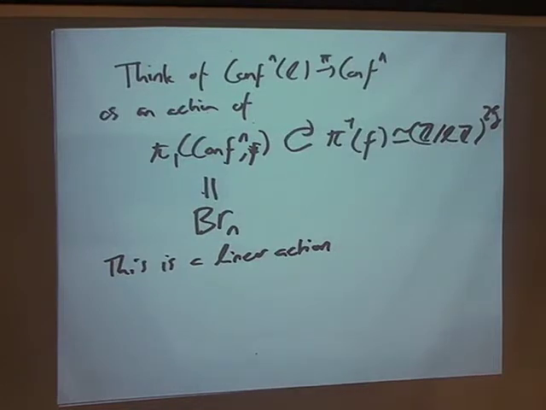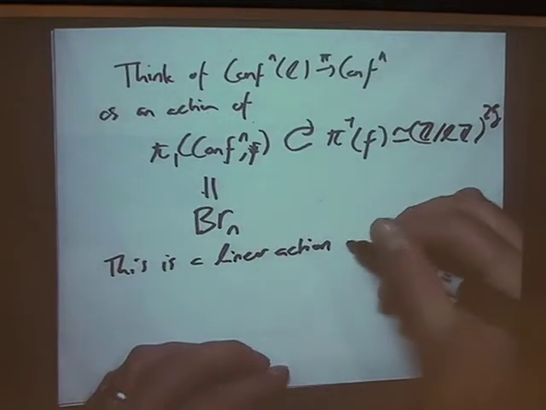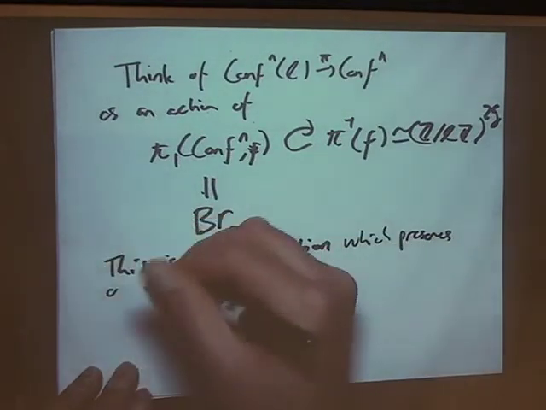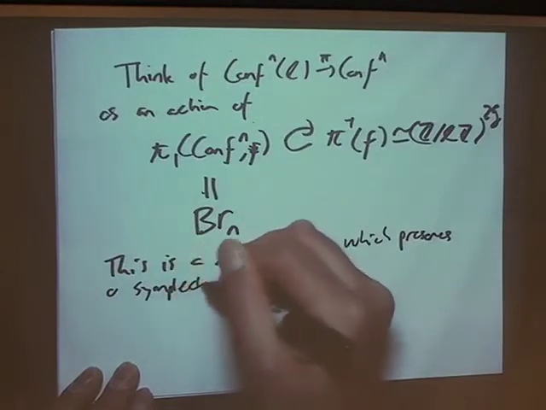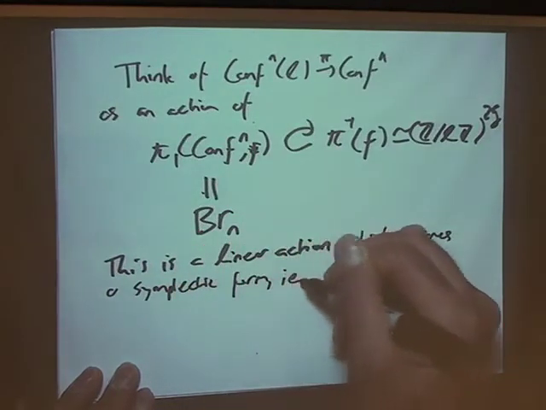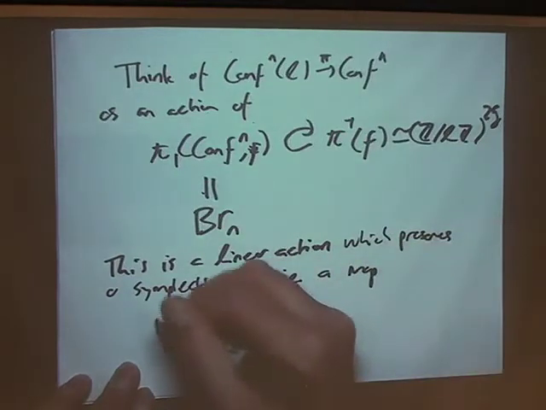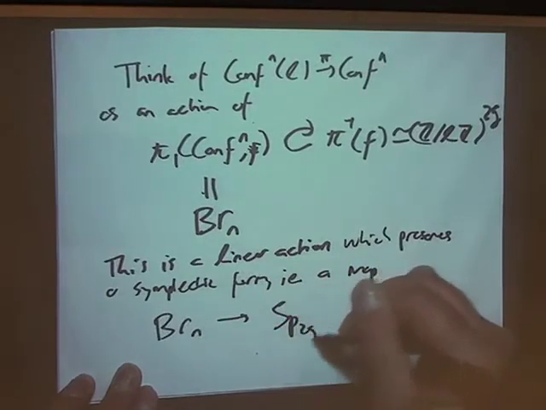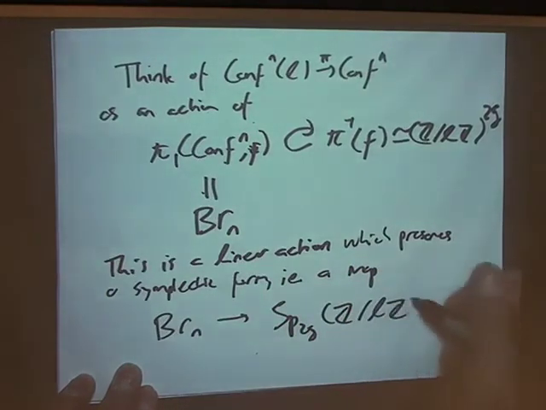Anyway, it's a linear action, but it's even more than that because there is this Weil pairing on the L torsion points of a Jacobian, which is also preserved by everything. And it's an alternating pairing because it's on H1 of a curve. So this is preserved too, which preserves a symplectic form, i.e. a map from the braid group of n to Sp_2g(Z mod LZ).